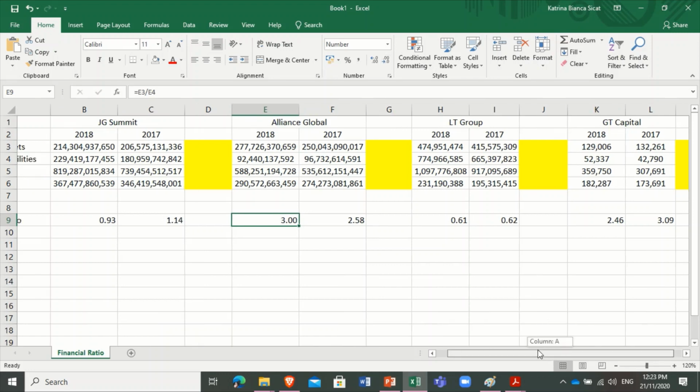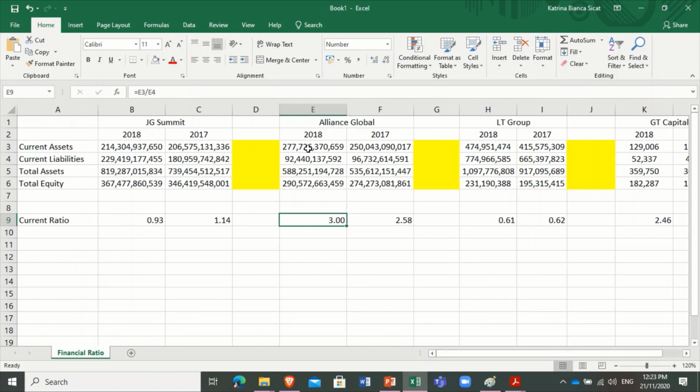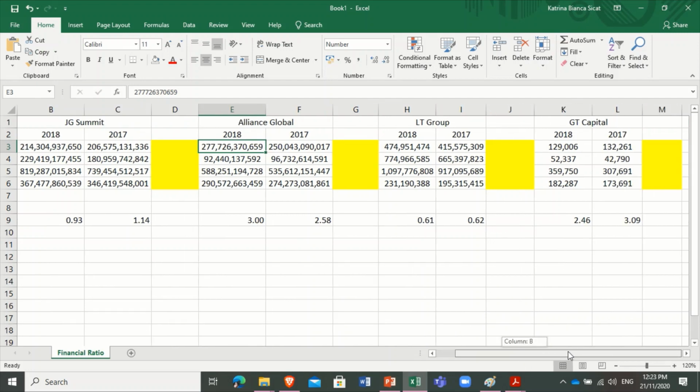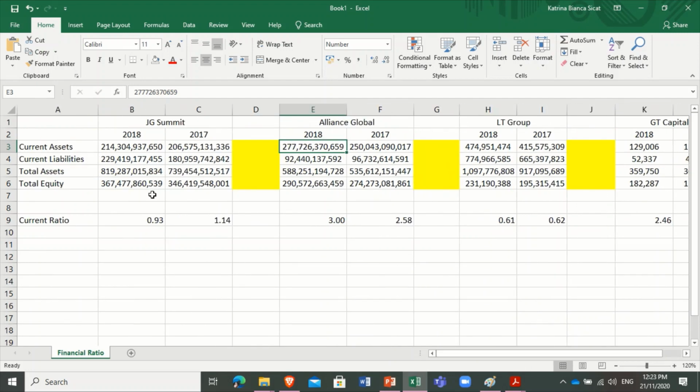Okay. Itong si Alliance Global, no, this is in billion. Like I said kanina, tinatanggal niya yung bias that regardless if you are a million peso firm, if you are a 100 million firm, or if you are a billion peso firm, if you look into the ratio, nawawala yung ganung degree of bias when you evaluate the firms, ano?